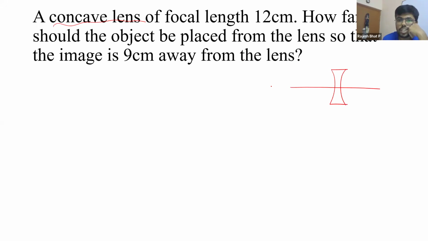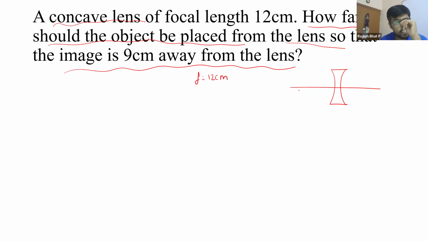Focal length is given, which is 12 centimeter. How far should the object be placed from the lens so that the image is 9 centimeter away from the lens? You get some image, and you know always in concave the image is smaller.